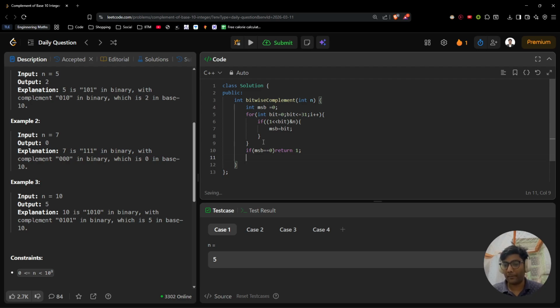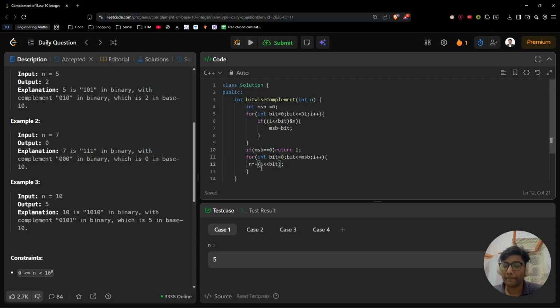Otherwise, we toggle up to the MSB. So let's just use this. Now I will only go up to MSB, and I will only toggle up to. Now in order to toggle, we just do the same idea, but we just XOR. n equal to 1 right shift bit XOR with n, or I can just say n XOR equal to this.